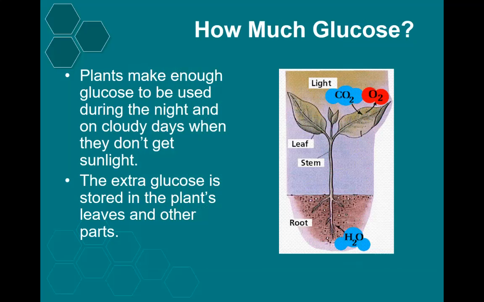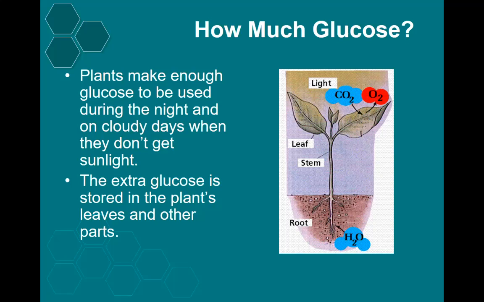So just how much glucose are we talking about here? Well, plants make enough glucose to be used during the night and on cloudy days when they don't get enough sunlight. So this process goes as fast as much as they can do in the time allotted. Okay, so as long as there's sun, they're making more and more glucose.